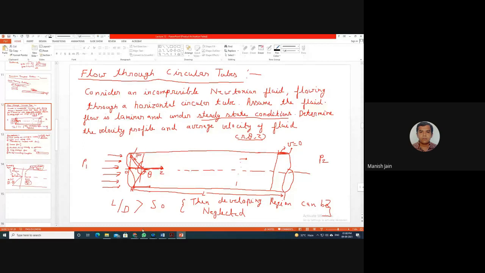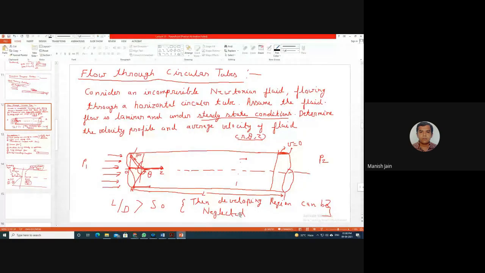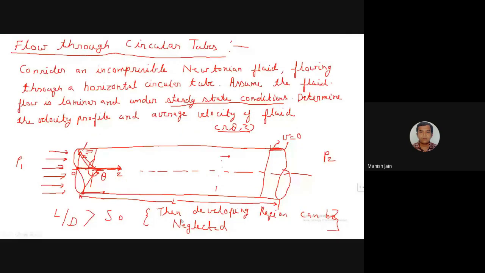If the geometry is cylindrical, consider the cylindrical coordinate system. If the geometry is rectangular or a flat surface, consider the Cartesian coordinate system. If the system has spherical geometry, then consider the spherical coordinate system. These are the important steps.